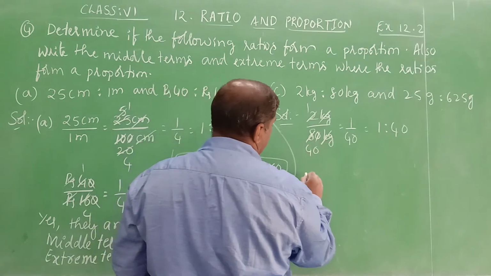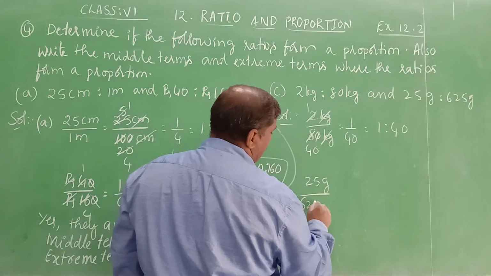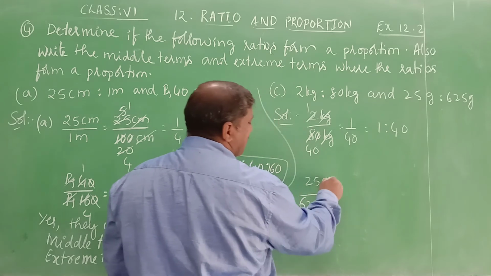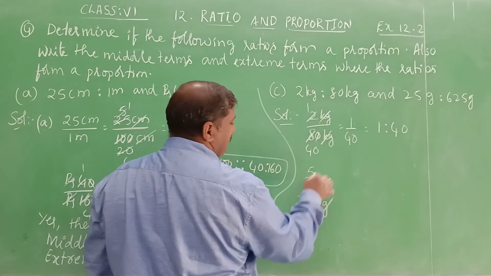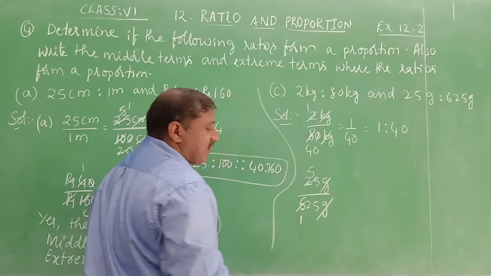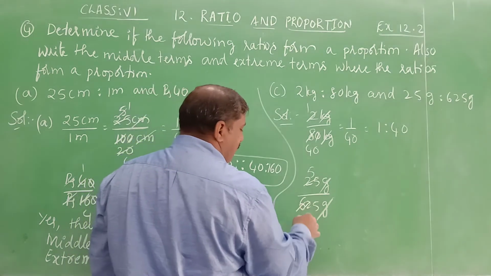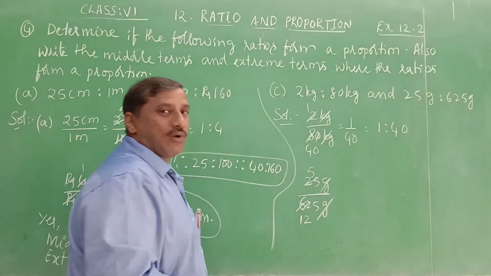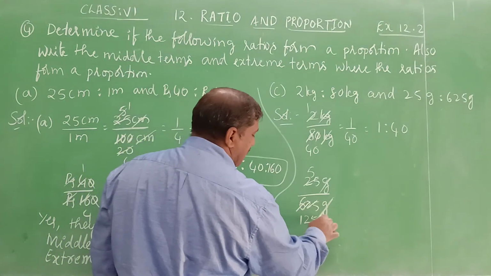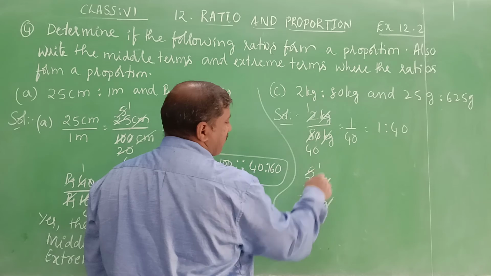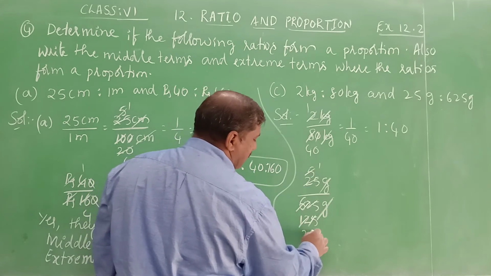Then 25 grams to 625 grams. So grams and grams cancel. Now 5 5s are 25, 5 ones are 5, 6 minus 5 is 1, bring down 2, 12, 5 2s are 10, 12 minus 10 is 2, bring down 5, 25, 5 5s are 25.